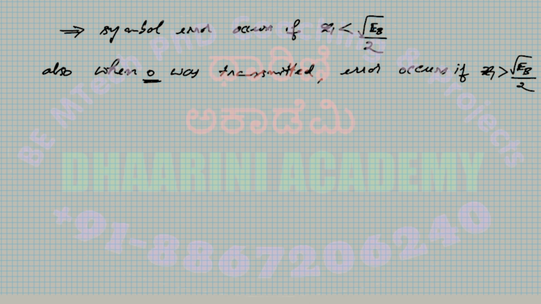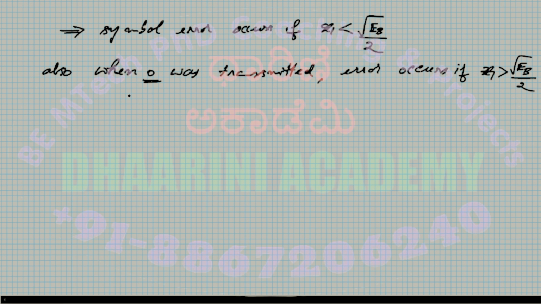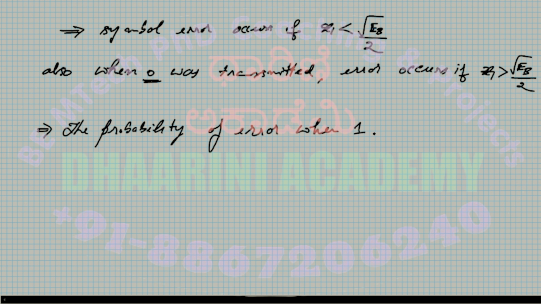Now let us directly calculate the probability of error. This implies the probability of error when the symbol 1 gets transmitted.